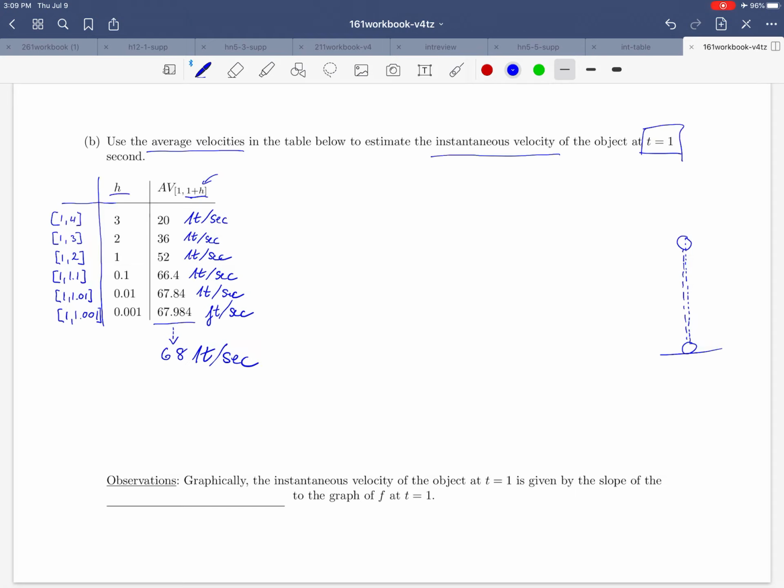I mean, 1/1000th of a second is very short. We are still computing an average velocity, but over such a short time interval that we can almost call it instantaneous. And that value is 68 feet per second. So this is what we mean when we are talking about instantaneous velocity. We can use average velocities to get an idea about the value of the instantaneous velocity of an object.